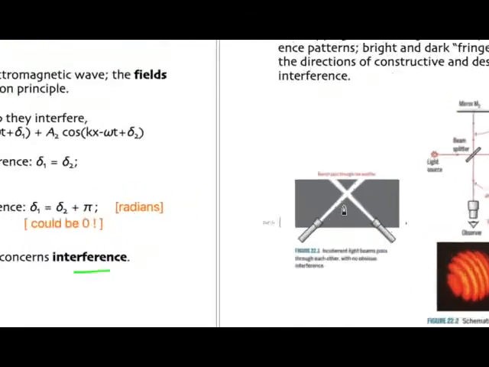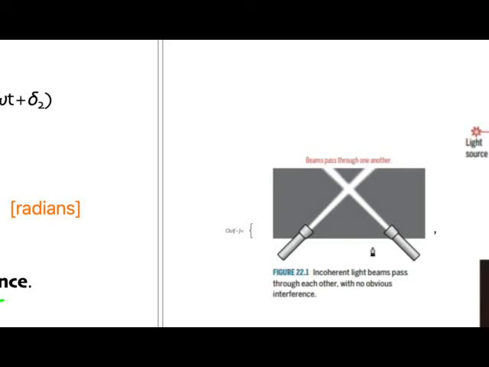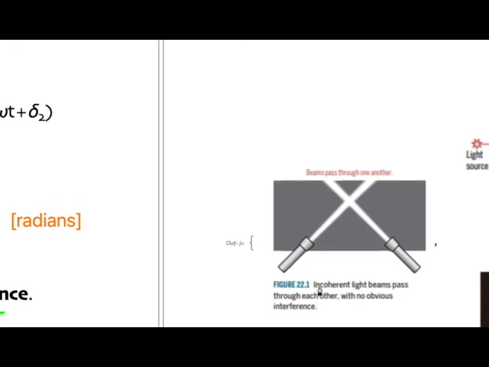So here's a picture of two completely separate flashlights, and their beams are crossing, but they're completely incoherent. So the electric and magnetic field oscillations in one beam are completely separate from those in the other beam. Incoherent light beams just pass through each other with no obvious interference.